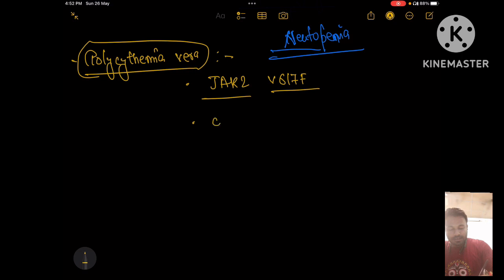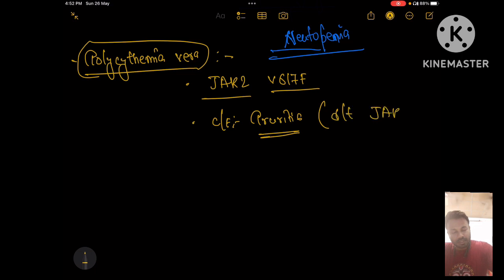And a clinical feature commonly seen is pruritus. It is due to the JAK2 mutation. We can see pruritus in polycythemia vera.